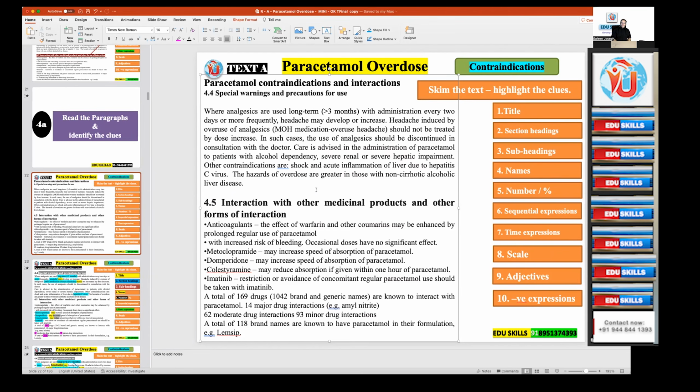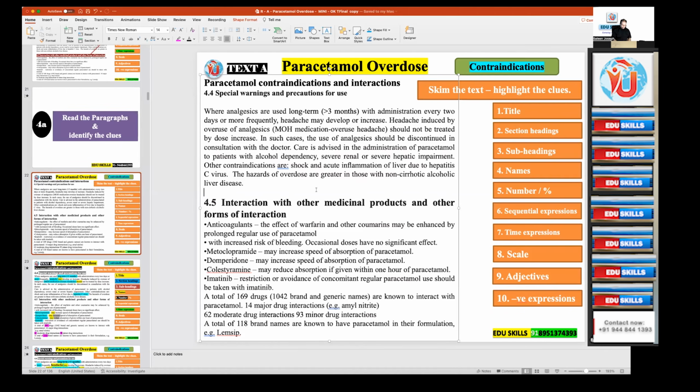In such cases, the use of analgesics should be discontinued in consultation with the doctor. Care is advised in the administration of paracetamol to patients with alcohol dependency, severe renal or severe hepatic impairment. Other contraindications are shock and acute inflammation of the liver due to hepatitis C virus. The hazards of overdose are greater in those with non-cirrhotic alcoholic liver disease.